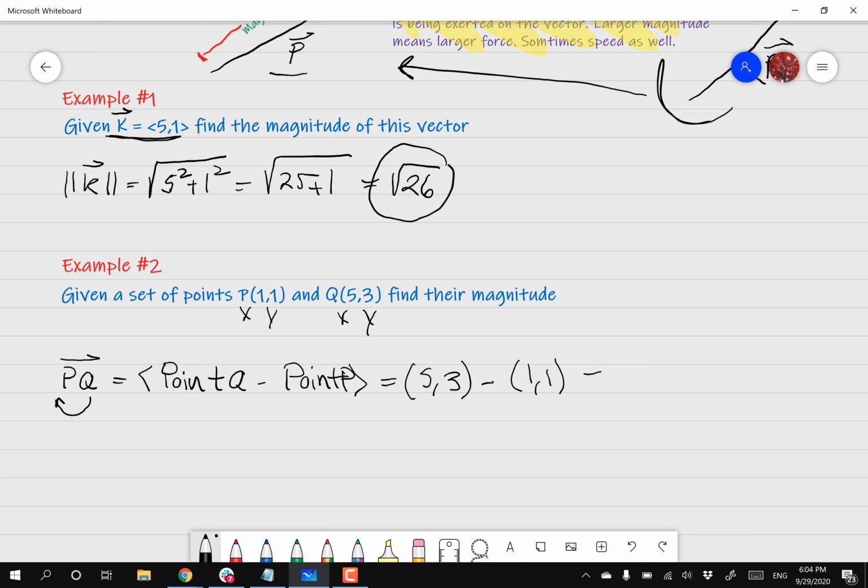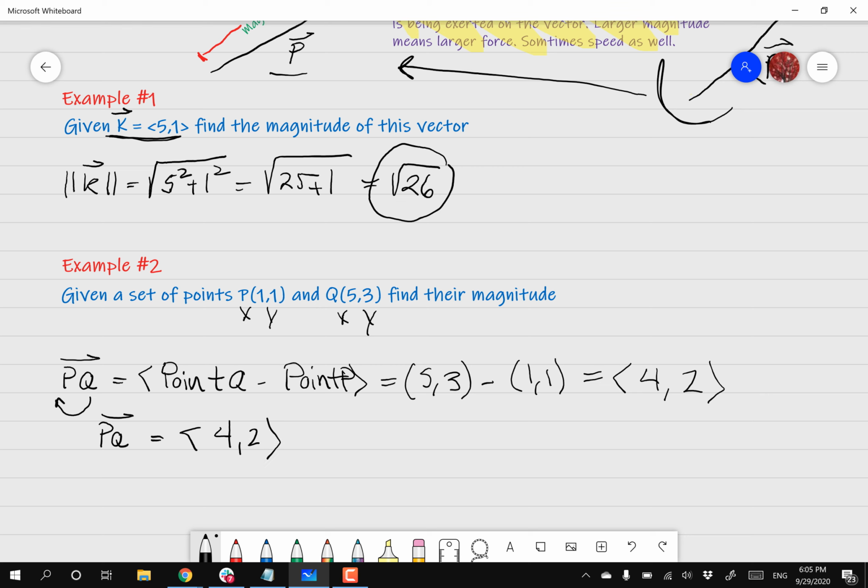Doing that subtraction, 5 minus 1 is 4, and 3 minus 1 is 2. So vector PQ can be represented with the components 4 and 2.